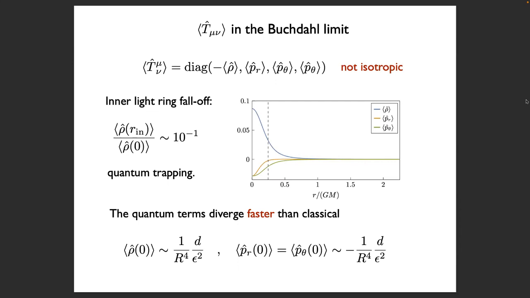Notice they have opposite signs, and they are maximum in magnitude at the center, and then they steeply fall around this dashed line, which is precisely the light ring. And this makes perfect sense because the light ring is the region that is trapping the modes. So they fall by 1 order of magnitude. This is the quantum version of the classical trapping that I was showing at the beginning.